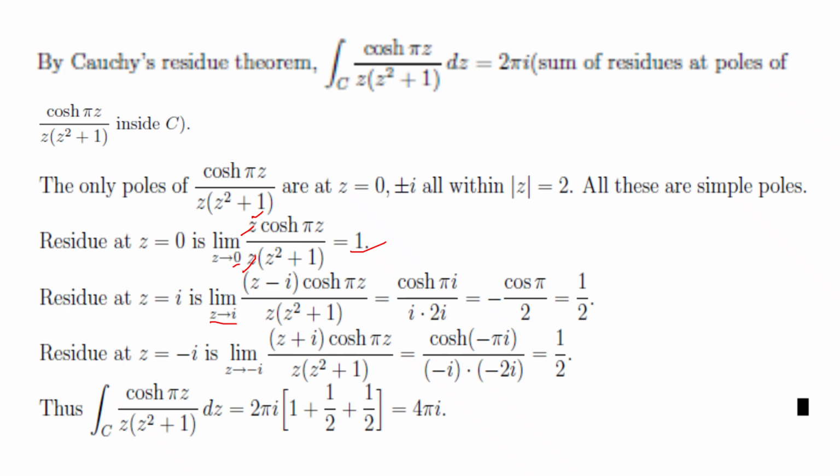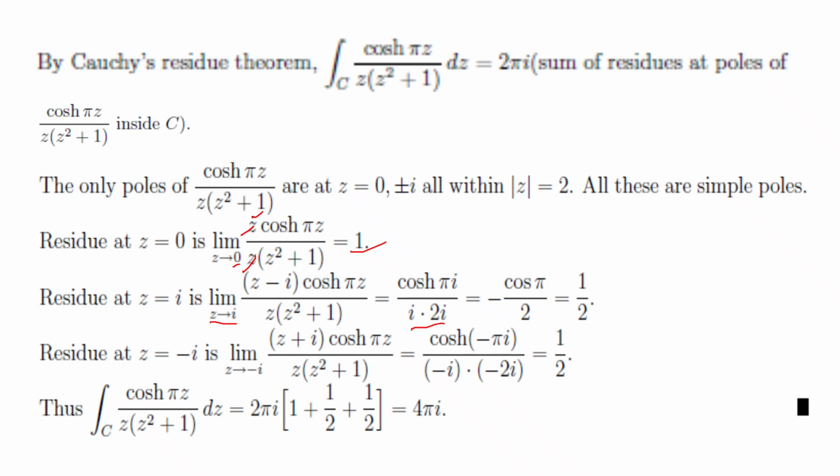It will give (z minus i) into (z plus i) is z² minus i², which is z² plus 1. So in the denominator and numerator both will be cancelled out. The z² plus 1 will cancel out, and now in the denominator the term remaining is z into (z plus i), and when we put z = i, it gives 2i.